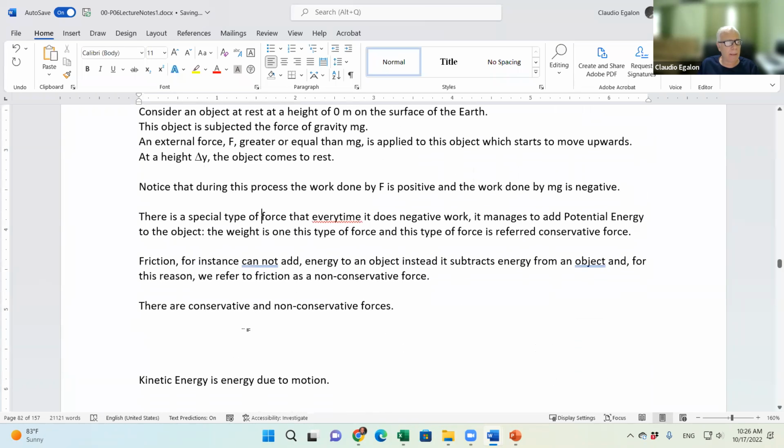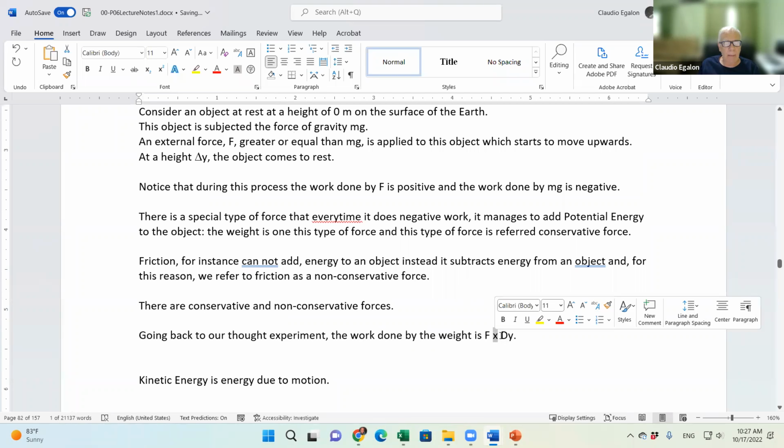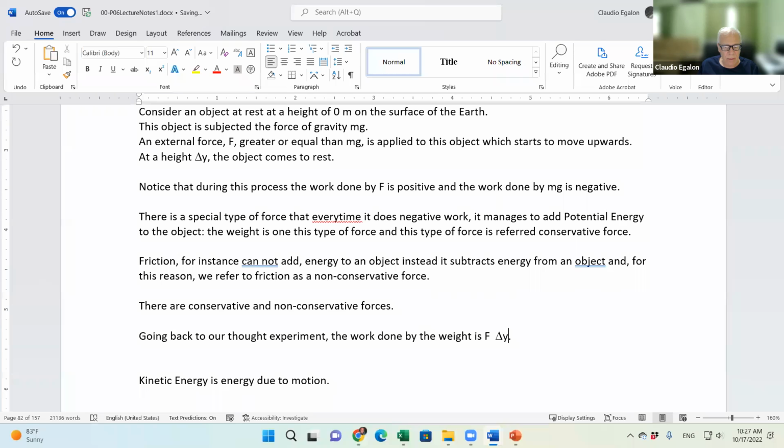So going back to our thought experiment, the work done by the weight is F times delta y times cosine of theta.